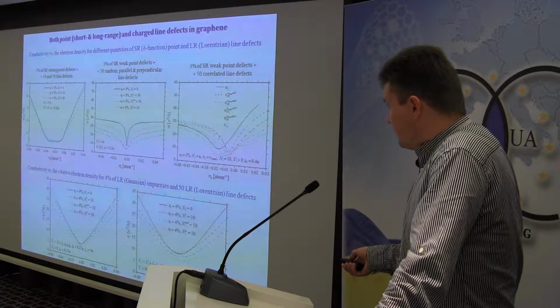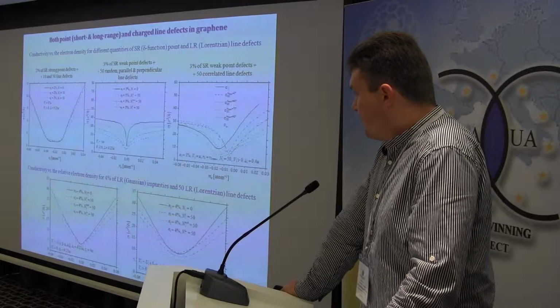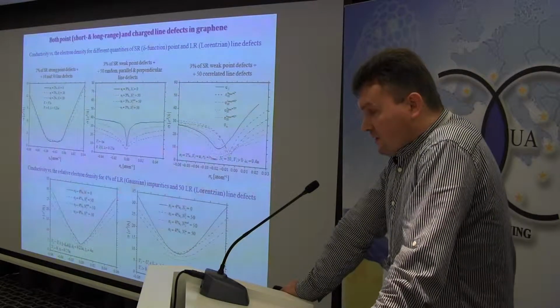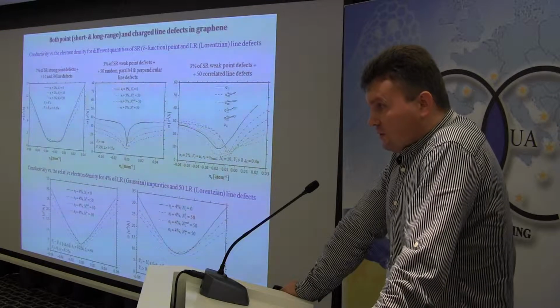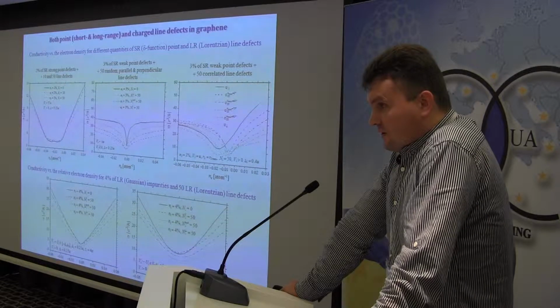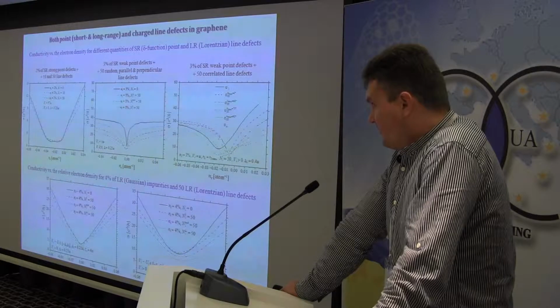And the last, before one slide, in fact, any graphene sample contains not only point defects or only line defects. We have to expect that there are simultaneously both kinds of defects in a graphene sample.